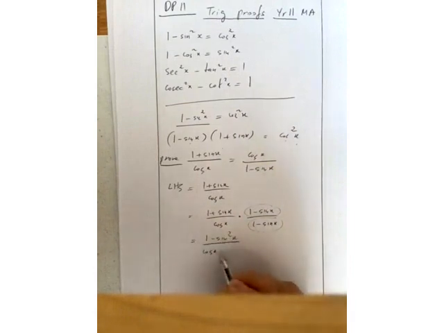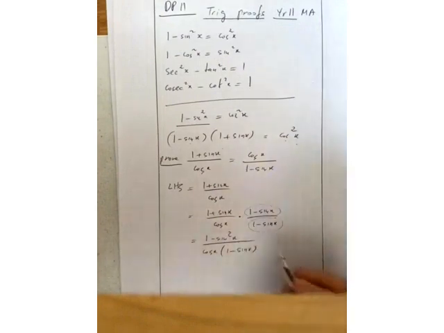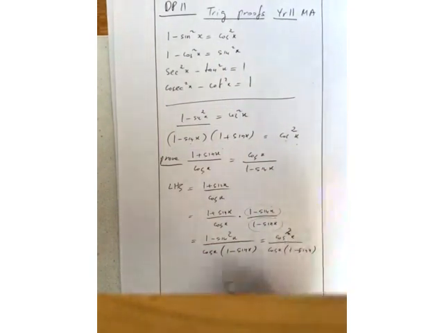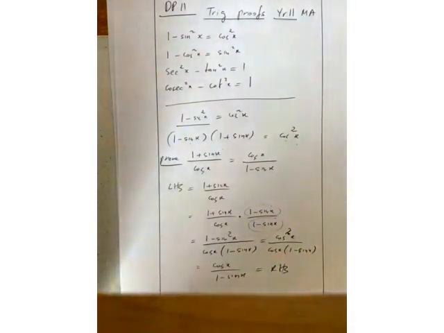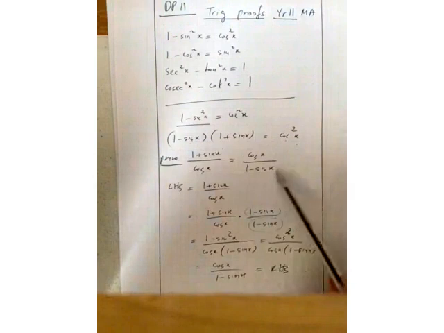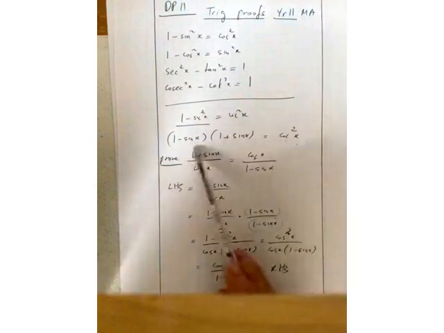The bottom you have cos x times 1 minus sine x. But 1 minus sine squared is cos squared x, divided by cos x, 1 minus sine x. So cos squared divided by cos, and there's one cos remaining. Then you end up with essentially the right-hand side. Voila, right? What looks so complicated here really is not that complicated, and it came from that anyway.